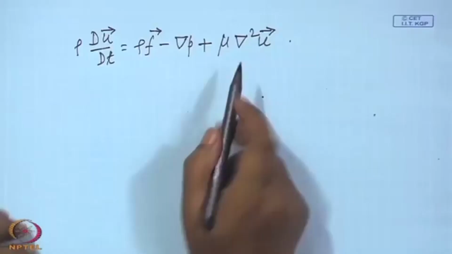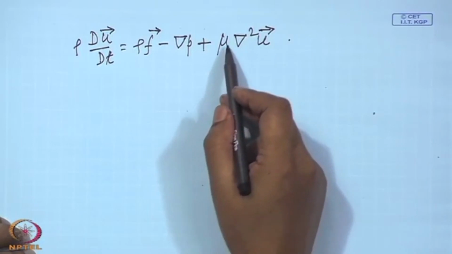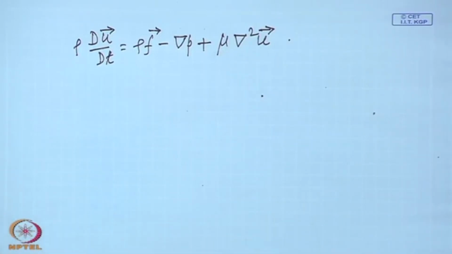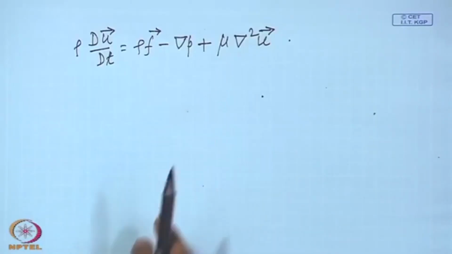So, the last term which has come, if you remember, is from the non-diagonal term of the deviatoric stress, or the shear stresses or tangential stresses, which is because of the velocity gradient and coefficient of viscosity.